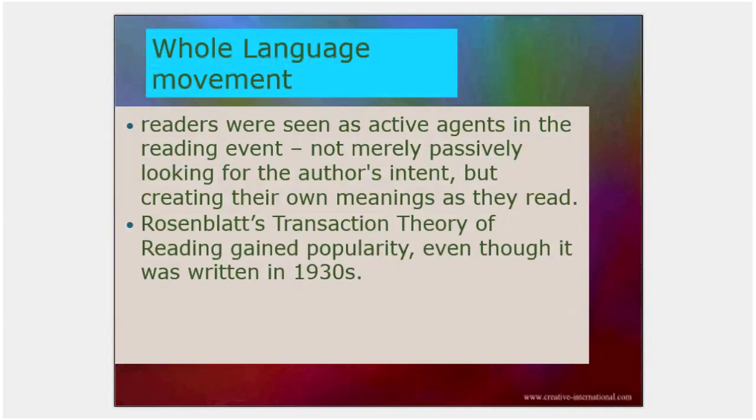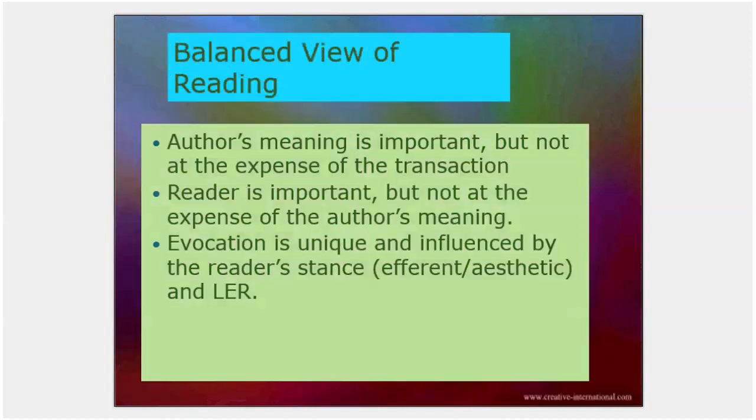Well, Louise Rosenblatt's popularity began in about the 70s, even though she wrote it in the 30s. But in the 70s and 80s, whole language became really popular, and in the 90s we were left with this balanced view of reading. This balanced view says that the author's meaning is important, but so is the reader, and so is this unique evocation.